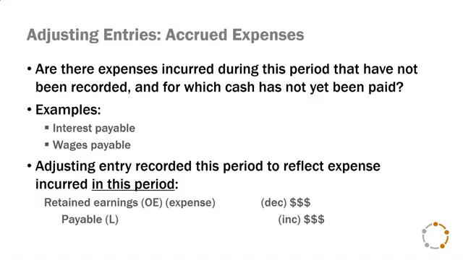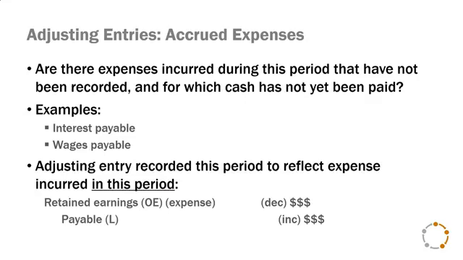So now the company wants to prepare financial statements for the current period, but before it can do so, it has to make an adjusting entry to record these expenses to match them to the revenues recorded this period. But rather than record a decrease in cash, it records a payable liability, like an interest payable or a wages payable, to reflect that it has a liability to pay those in a future period.